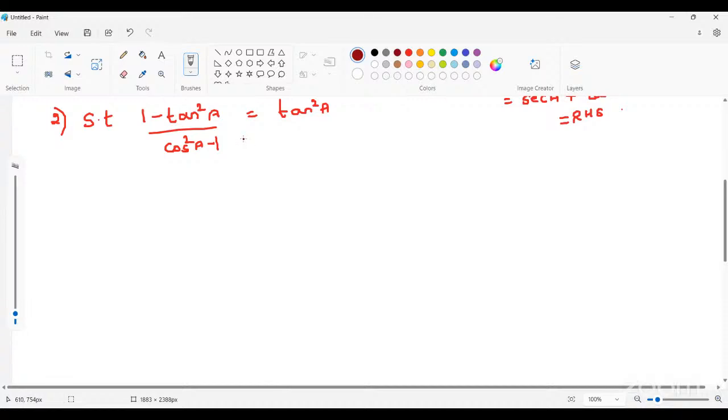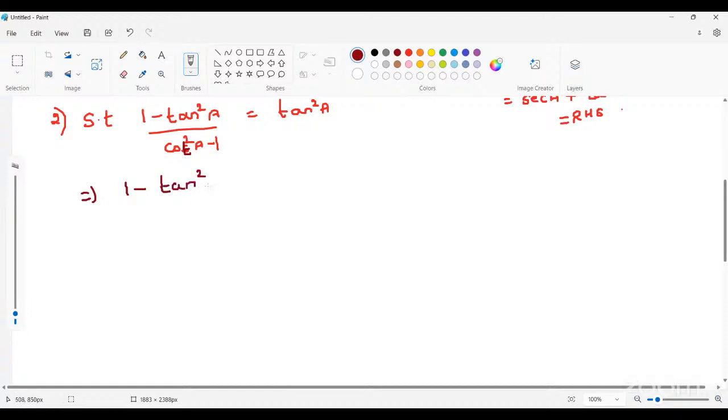So 1 minus tan square A by cot square A minus 1. How can we convert cot in terms of tan? It is 1 by tan. So let us begin with this step.